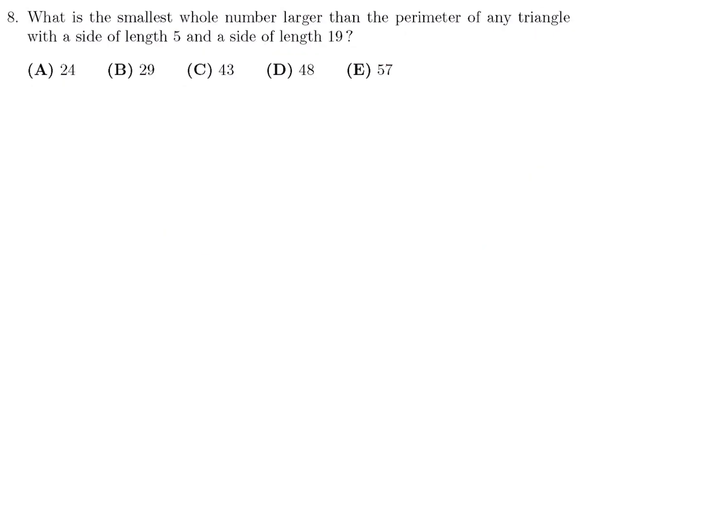What is the smallest whole number larger than the perimeter of any triangle whose side length is 5 and the other side length is 19? We have some triangle. I don't know what it looks like, but let's just say it looks like that. And we have one side that's 5, another side that's 19, and another side I don't know, so I'll call it X. We have something known as the triangle inequality.